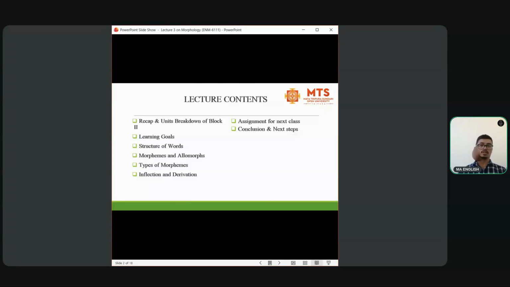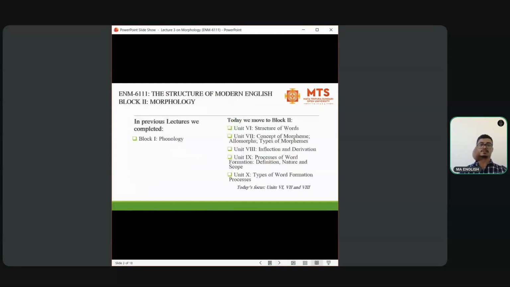So now, before we dive in, just a reminder. We have completed Block 1, that is on phonology, which focuses on sound pattern of English. Now we shift to Block 2, morphology. This block has units 6 to 10.